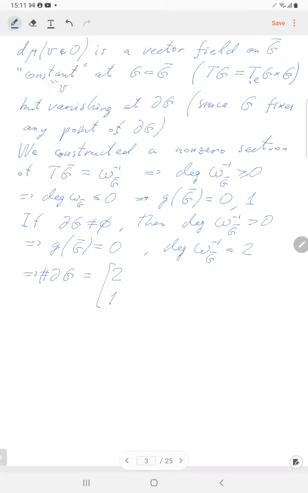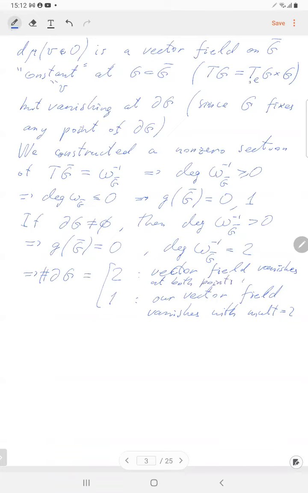So it can either vanish at 1 point with multiplicity 2, or there are 2 points and our vector field vanishes at both points with multiplicity 1.